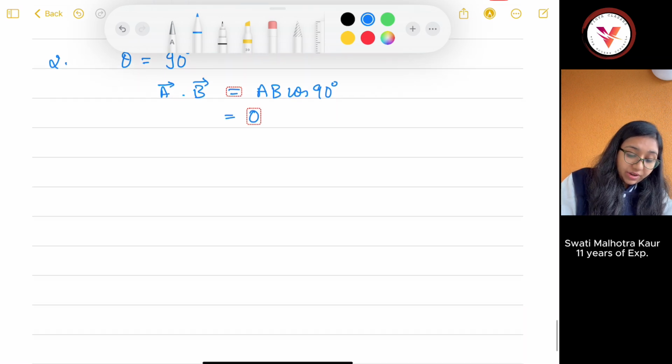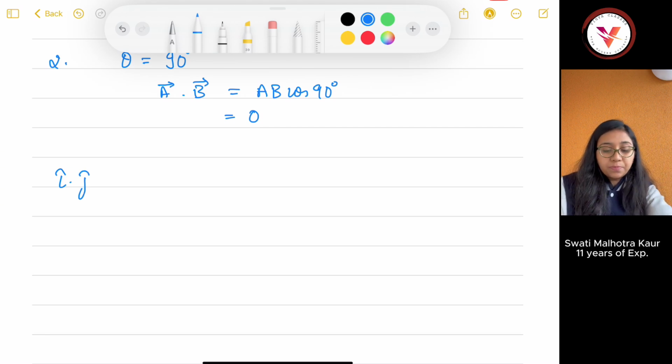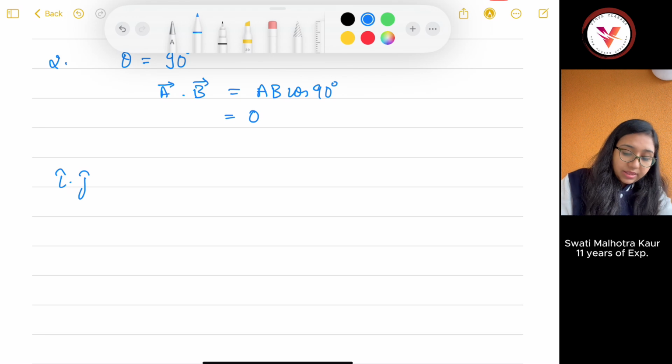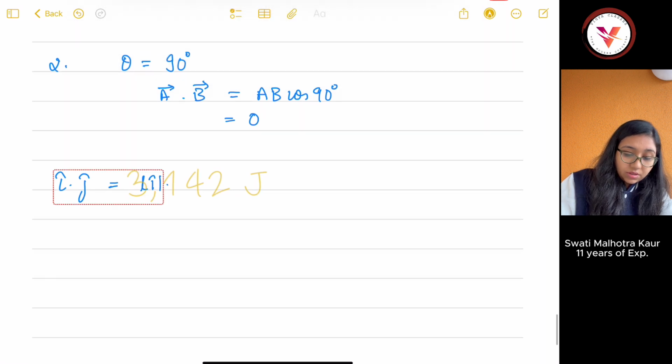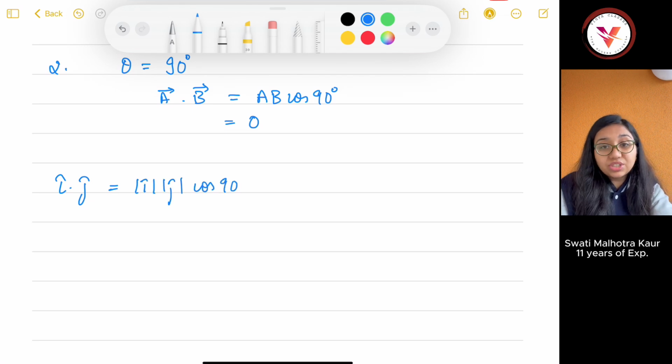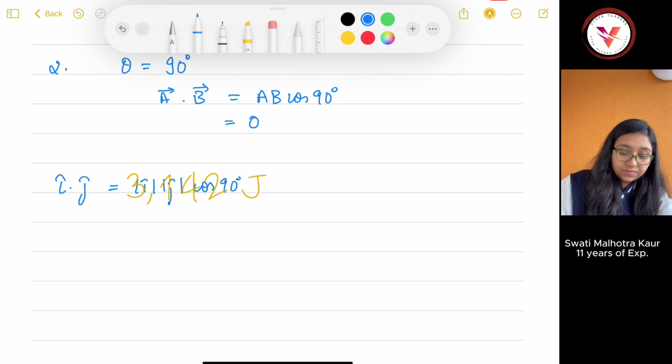But if I use I dot J, because I is along x-axis and J is along y-axis, they are perpendicular to each other, then it gives me 0, because the magnitude of I cap, magnitude of j cap, cos 90 degree, obviously I and j are perpendicular to each other.